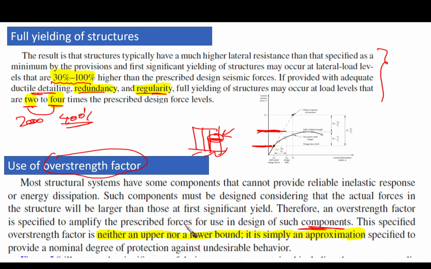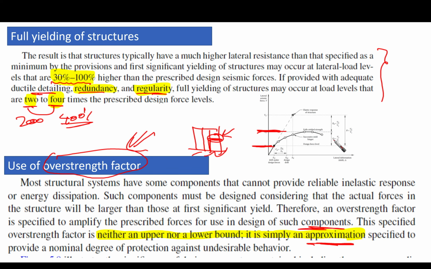We need them to be responding elastically because we are a little bit worried about them. This specified overstrength factor is neither an upper nor a lower bound. It is simply an approximation specified to provide a nominal degree of protection against undesirable behavior. Okay, so this is the main philosophy of the overstrength factor.